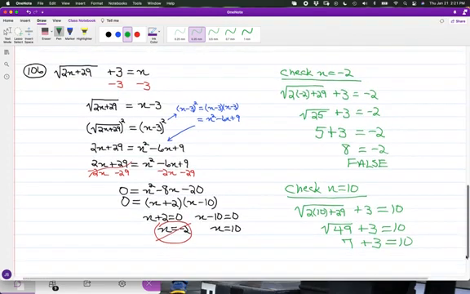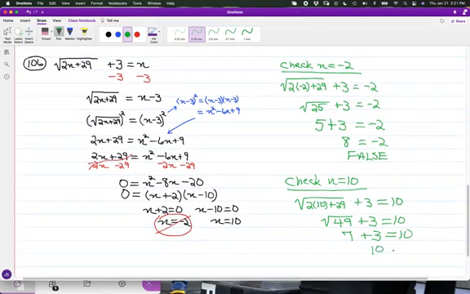And we have 7 plus 3, which is going to be 10. And we have 10 is equal to 10, so that is going to be true. So where n equals negative 2 comes up short upon examination, 10 works out as the solution. And so for 106, there is only one solution for n, and that is going to be at 10.